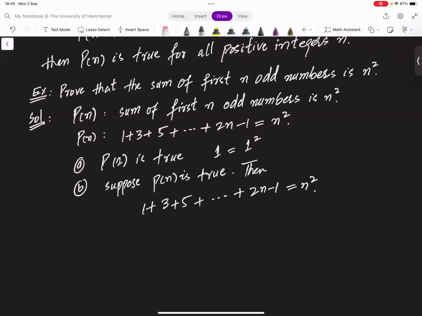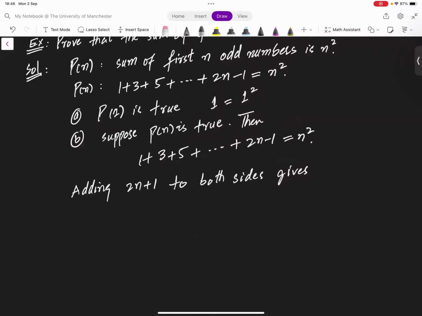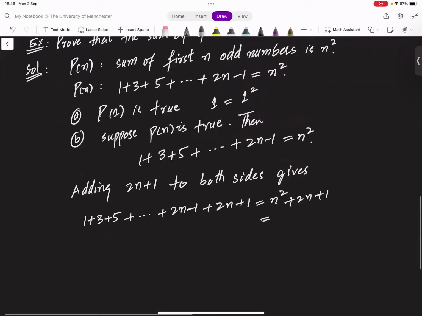Then adding 2n plus 1 to both sides gives, 1 plus 3 plus 5, and so on, plus 2n minus 1 plus 2n plus 1 is n square plus 2n plus 1, and this gives n plus 1 whole square.